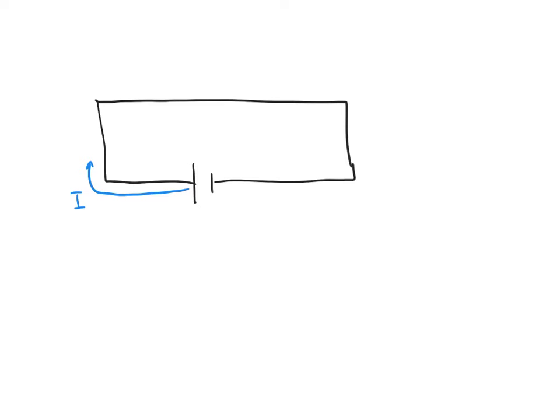So take your thumb, please, and put it in the direction of current. The magnetic field would wrap around this wire like this. Curl your fingers. The direction that your fingers curl is the direction of the magnetic field. So above the wire right here, the field is into the page.